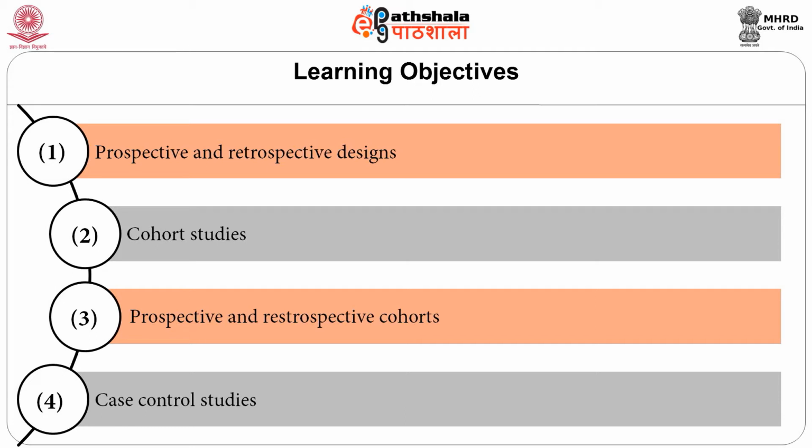We shall mainly use this module to make a distinction between prospective and retrospective designs. To do so, we shall take a step backwards and look at a broad overview of the two types of study designs which are commonly used in epidemiologic literature.